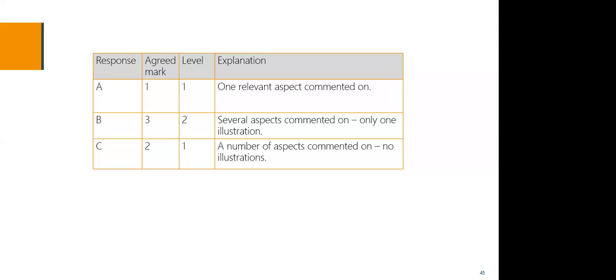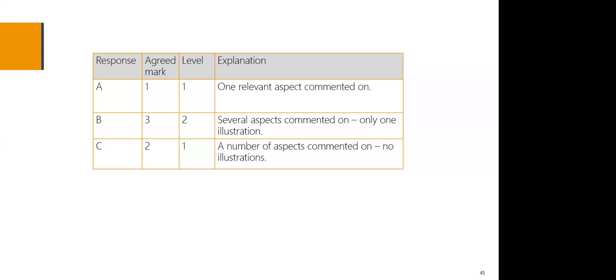So the first response got 1 mark. It was level 1. It gives one relevant aspect that is commented on, because it says the amino acid will not change. But that was restricted to level 1.